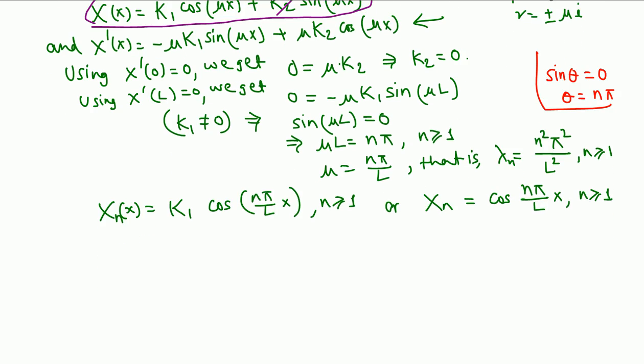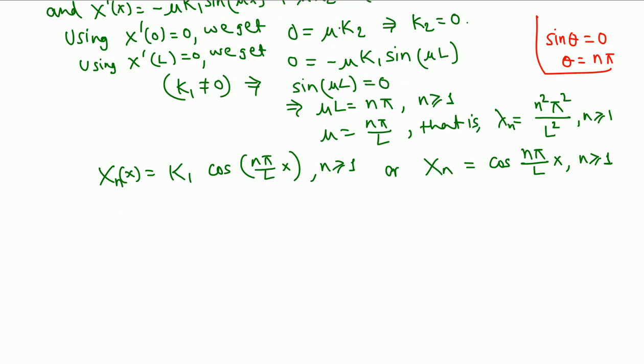We found the x. Now we want to solve equation 6. Okay, that's t, and the product of x and t is the solution. So recall the 6. Okay, now we want to solve 6.